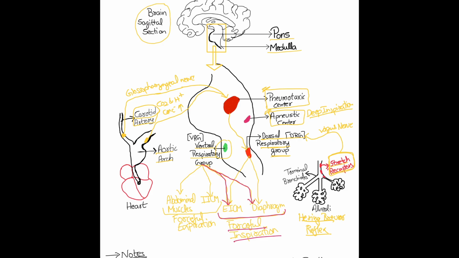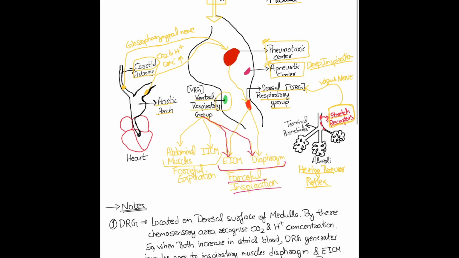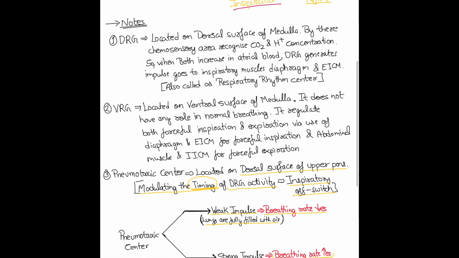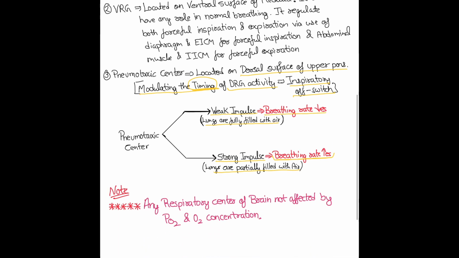The must point, many times a question is asked based on this in NEET: any respiratory center of the brain is not affected by the partial pressure of O2 or O2 concentration. Note it down, most important point.